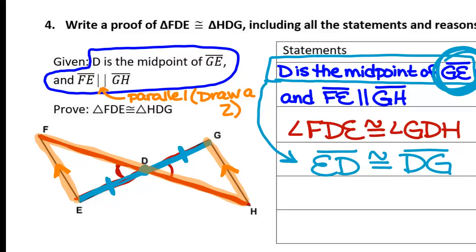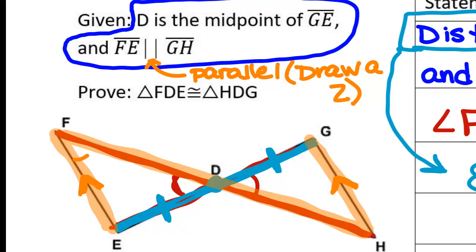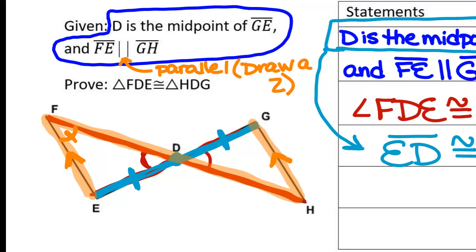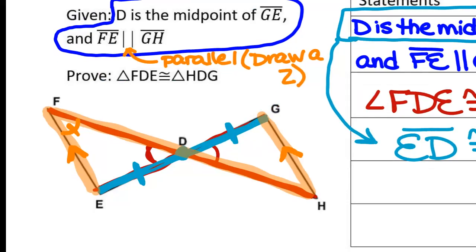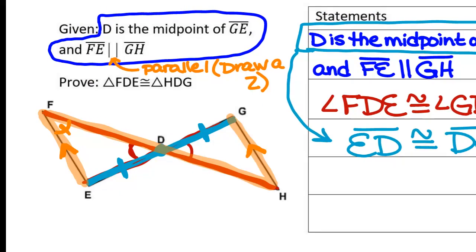Did I draw kind of a Z shape? We're going to connect orange to orange, so this angle up here corresponds to what other orange? Angle DHG, or angle H, right here.